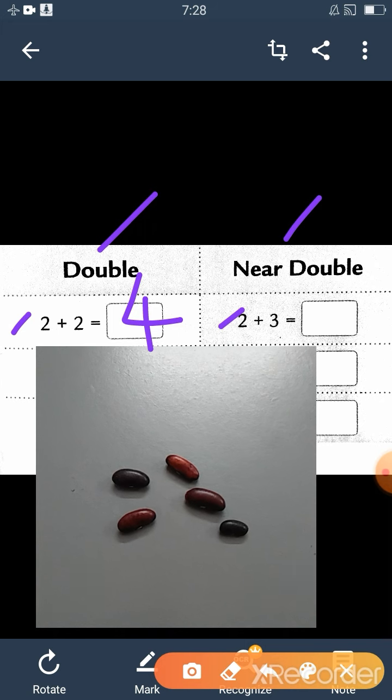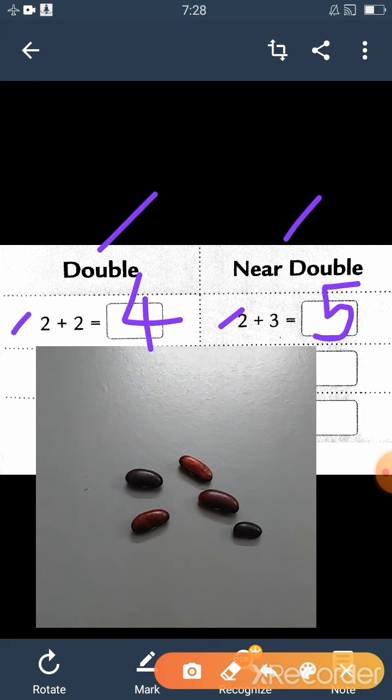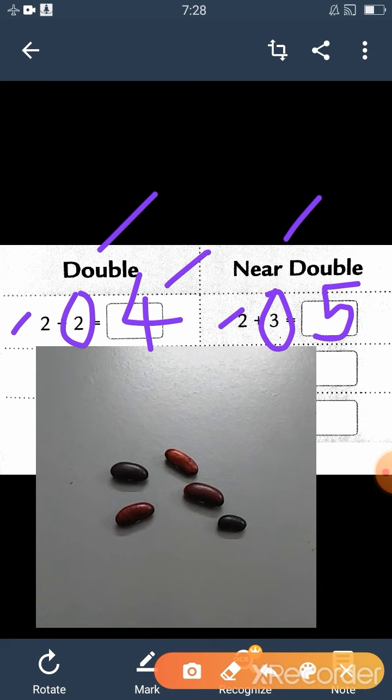So total how many rajma seeds? 5. So just see, 5 comes after 4 because there was 2 here and now here there is 3. So it has increased by 1. So the answer also has increased by 1.